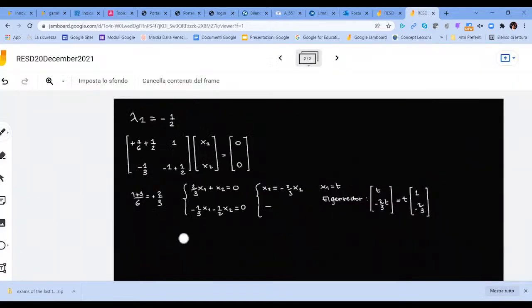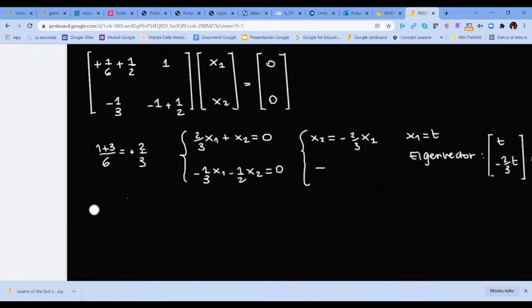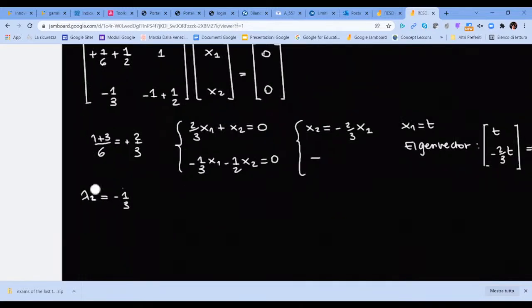The same computation is easy to do for the second one, lambda 2. This was minus 1/3. Then we have the matrix with 1/6 minus 1/3, that is 1/6 plus 1/3. 1. This everything remains the same.